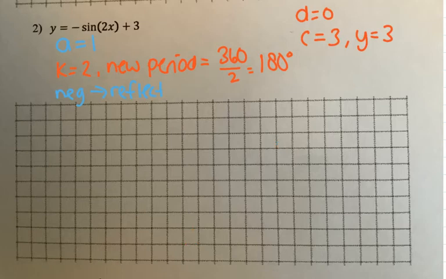All right, so we're going to start with the original and then the period. So I know that I'm going to be shifting this up 3. So the original sine function goes up to 1, and then I have to shift it up 3. So I'm going to go up to 4 because I know I'm going to need that.